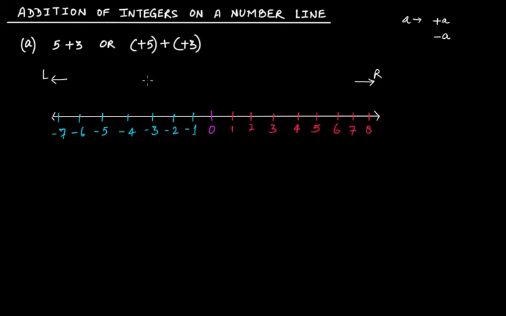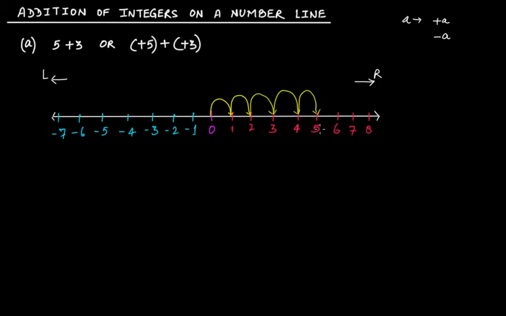Here you have two positive numbers. First it is plus 5. You are at 0, so move 5 intervals towards the right, or say take 5 jumps. This is the first jump, this is second, third, fourth, and this is fifth.